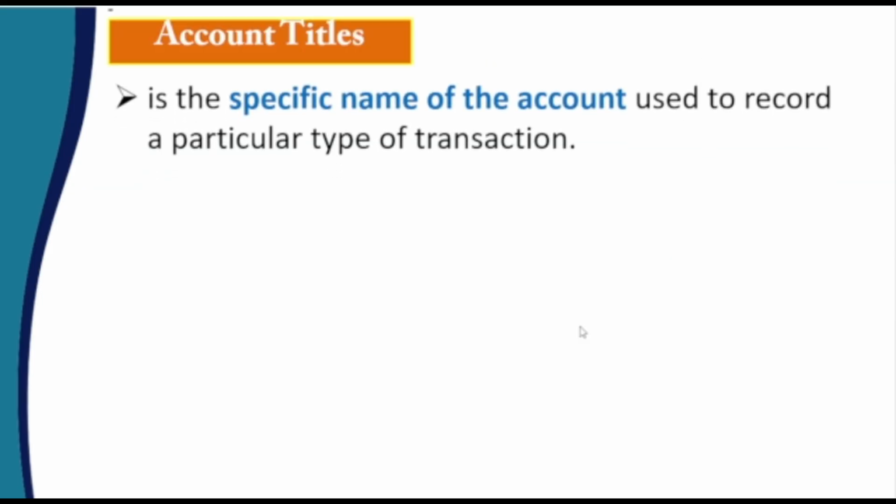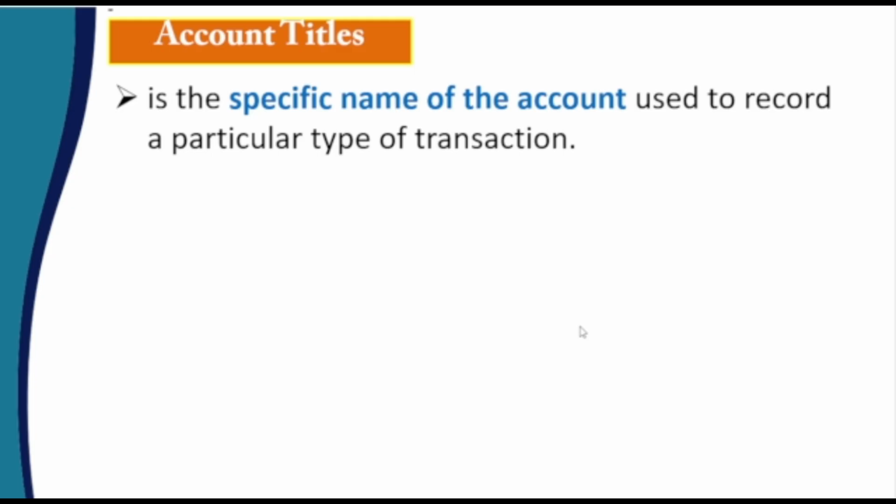Now, let's define what an account title is. An account title is the specific name of the account used to record a particular type of transaction. From the major account, it is given an account title to respond to that specific transaction. For example, cash.